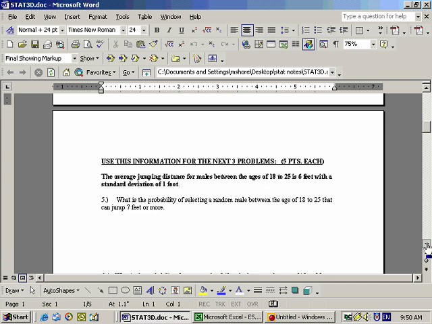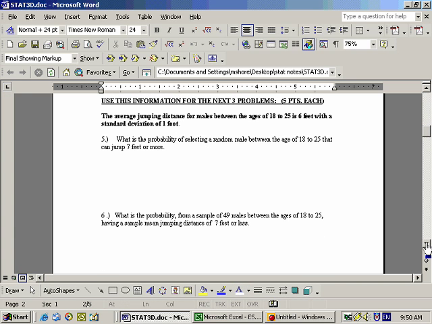It says use this information for the next three problems: the average jumping distance is 6 feet with a standard deviation of 1 foot. Problem 5 says find the probability of randomly selecting a male that can jump 7 feet or more.